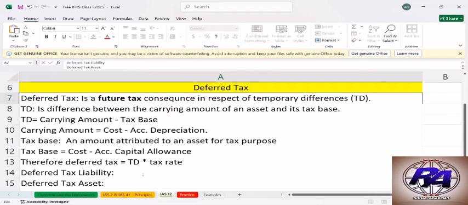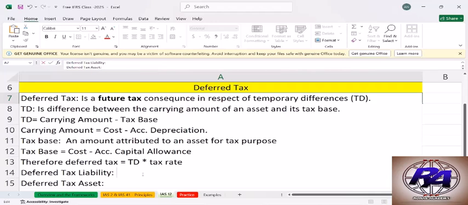These two forms will always emanate from what you are having as a temporary difference. So there is something we call taxable temporary difference and deductible temporary difference. The type of temporary difference you get determines whether it is a deferred tax liability or a deferred tax asset.